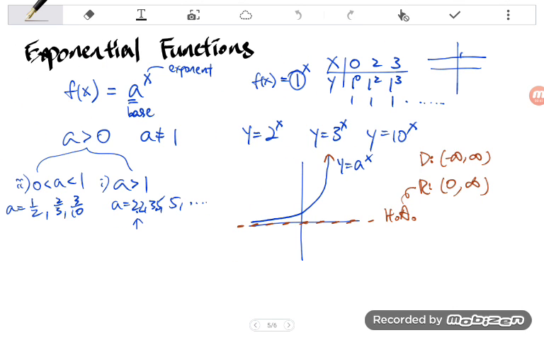Alright, let's look at a few equations. Maybe my f of x is equal to half to the power of x, and another one, say f of x is equal to 1 over 3 to the power of x.